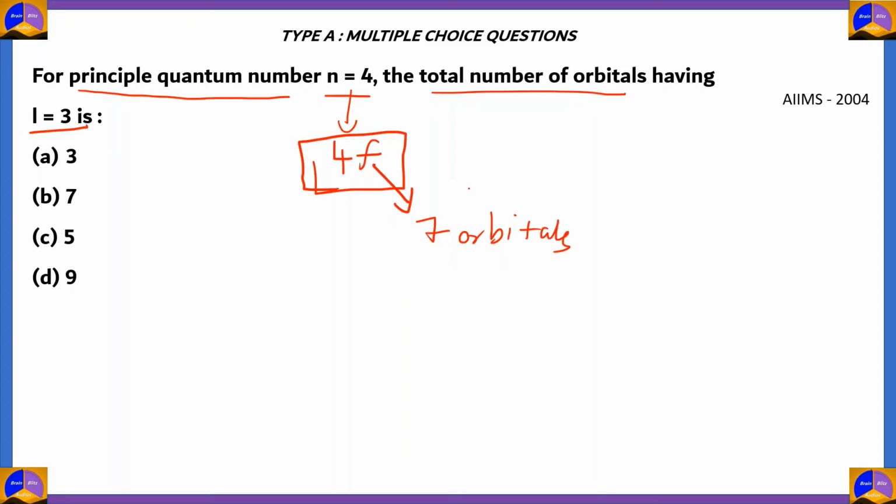So for the quantum numbers n equal to 4 and l equal to 3, the total number of orbitals is option B, 7. The reason is that we have an f subshell, and an f subshell has 7 orbitals inside it.